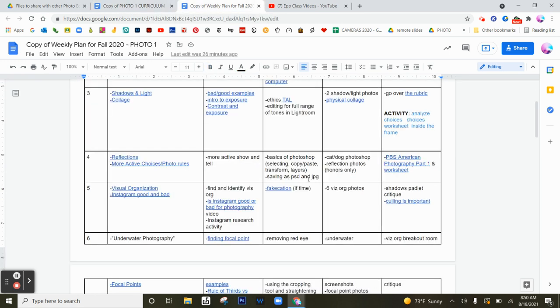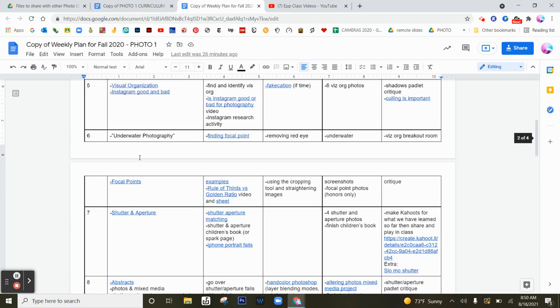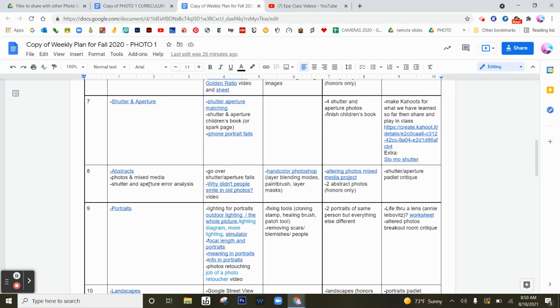I do kind of randomly put in some more project-y assignments for my honors kids to do. Everybody learns about, say, reflections or focal points or abstract photos, but it's only the honor students that need to shoot those.